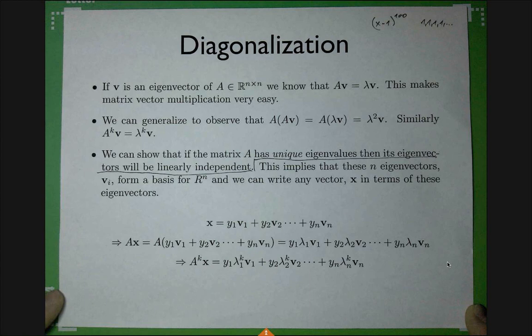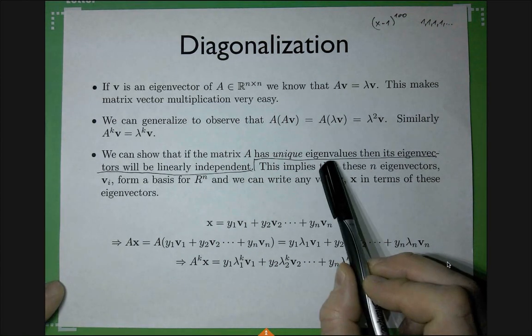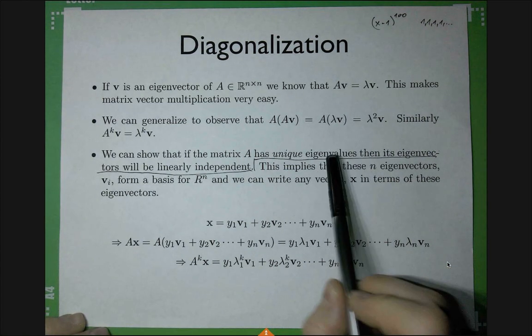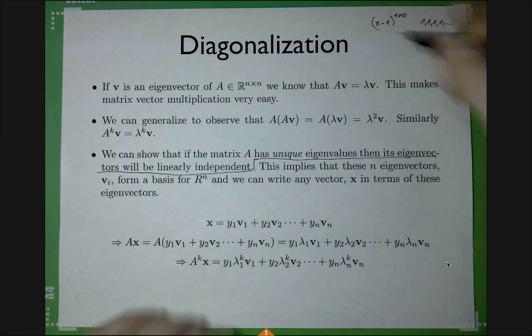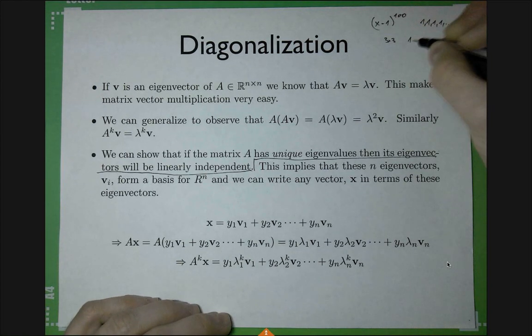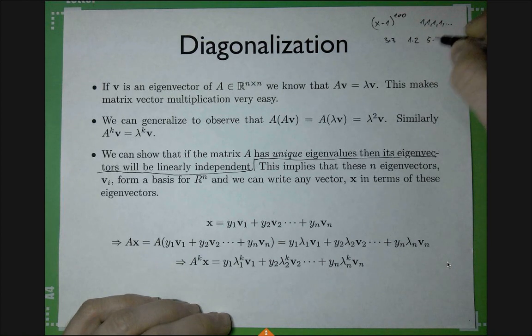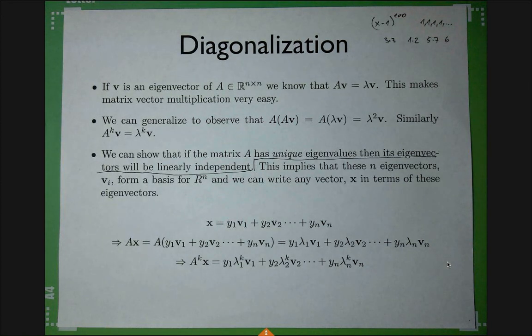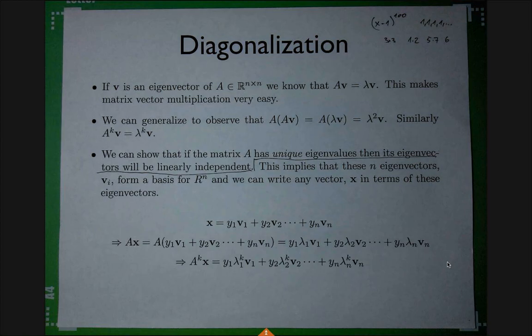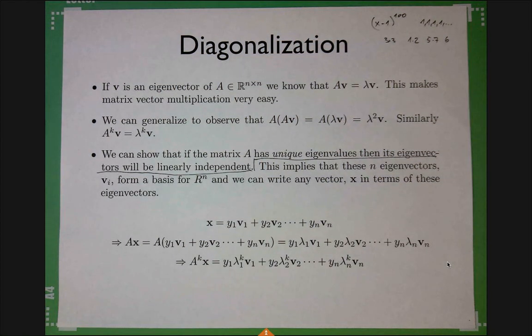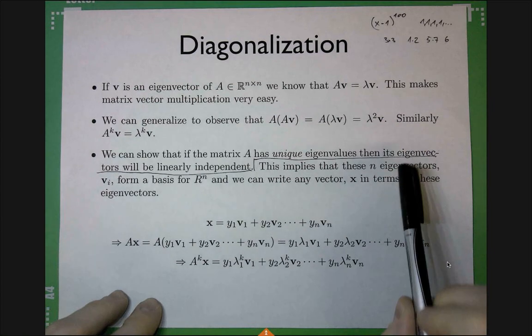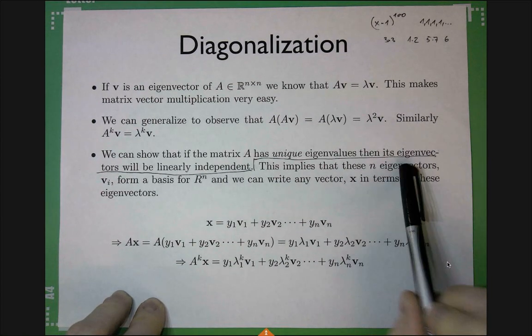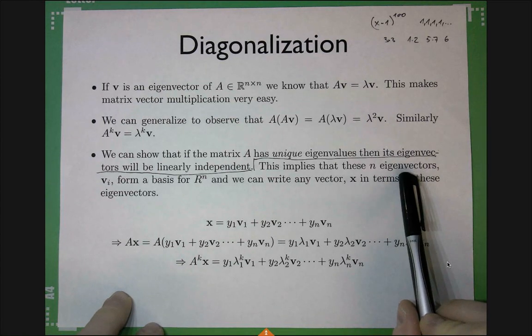So if we are in the nice situation that we have n eigenvalues which are all different, like in 3 by 3, I would have eigenvalues like 1.2, 5.7, and 6 or something like that, then we know everything is cool, because then we have linearly independent eigenvectors, and there are n of them.